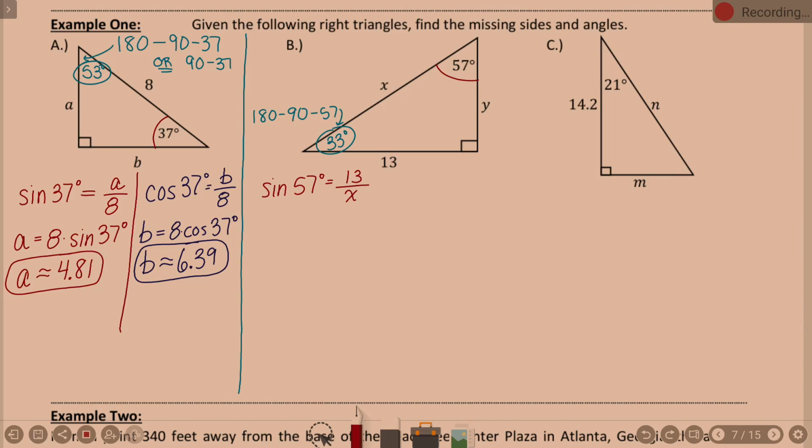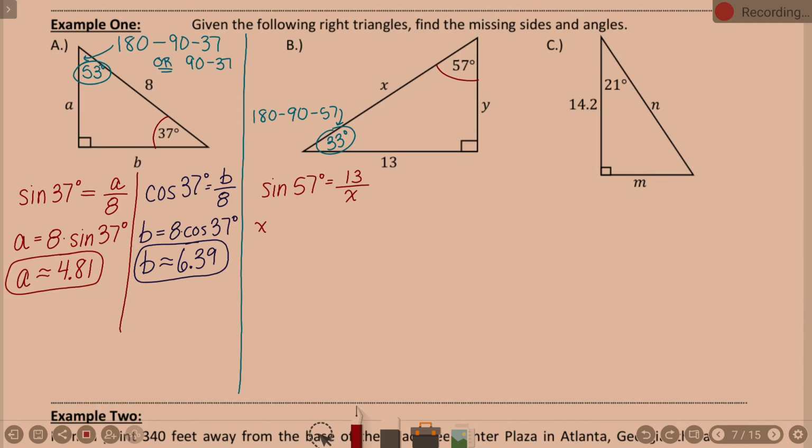Now, how do we solve? First, technically you multiply the x across, and then you would divide by sine of 57. Okay, that's what I would suggest. To get x out of the denominator, I'm going to multiply x over.